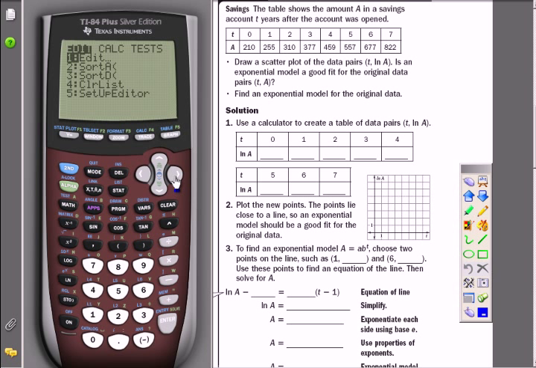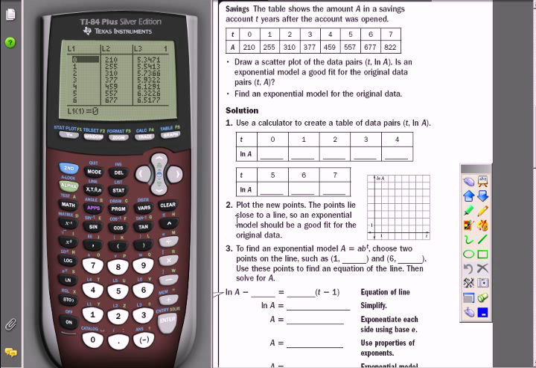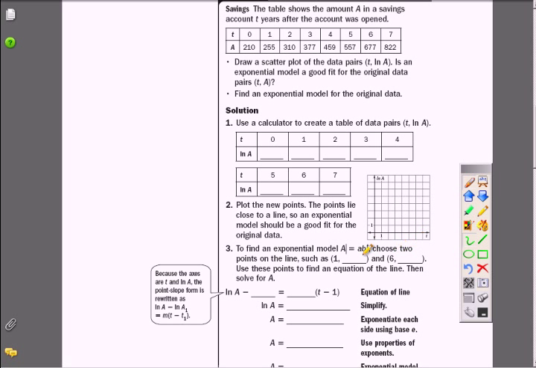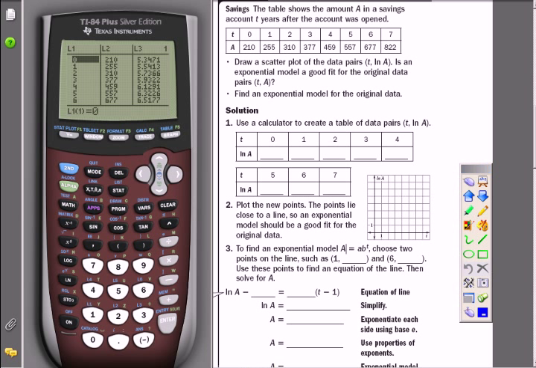Stat, edit. Okay. Such as 1, 5.545. That's a nice looking 5.4. And you probably want a little further down. So 6 is a good one to choose. And we had 6.52.